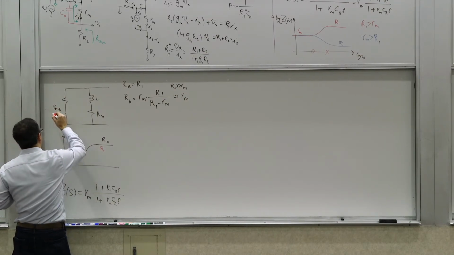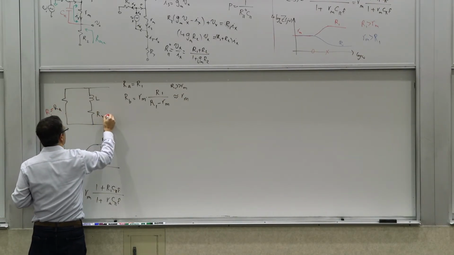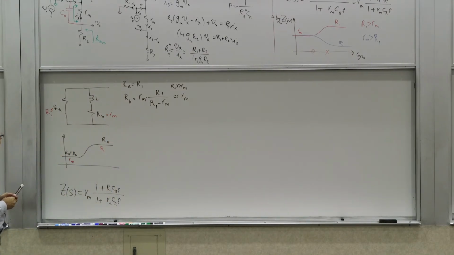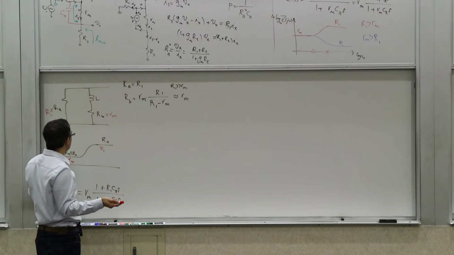Let's say this is R1, and this is roughly Rm. So what is L? Because we want to see what is the equivalent inductance. You can say this is the inductance of the output, and then you can change your parameters. You can actually even change that inductance. From a purely capacitive thing and a transistor, you can get something that looks inductive. So that could be a useful thing.